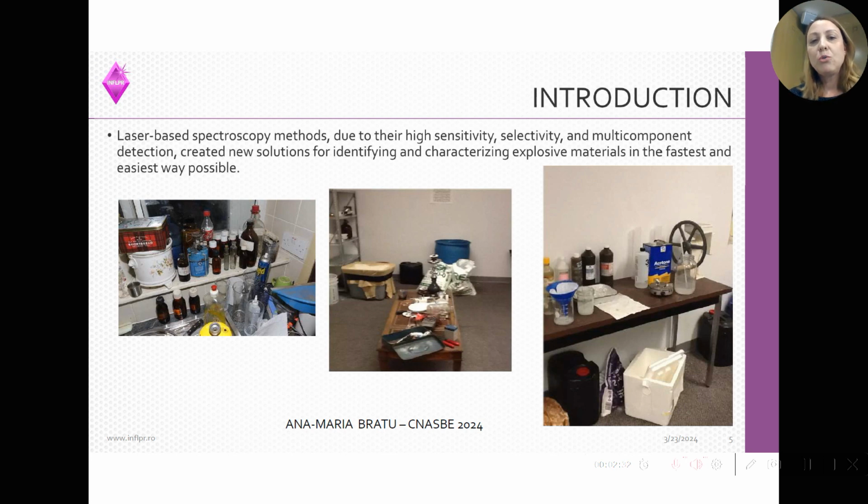Laser-based spectroscopy methods, due to their high sensitivity, selectivity, and multi-component detection, create a solution for identifying and characterizing explosive materials in the fastest and easiest way possible.